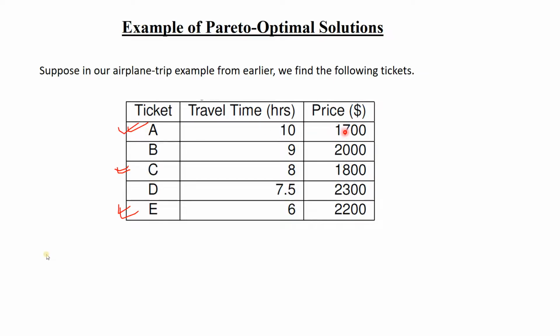One who cannot afford a flight costing more than, say, 1700 will opt for this one, a customer with a budget of 2000 can opt for this one, and if he has no budget limit, or time is important, then he can choose this one. B and D will never be chosen, because everywhere there is some superior option which is better than these two.